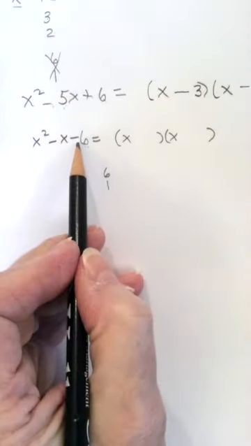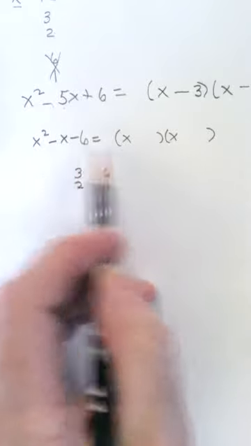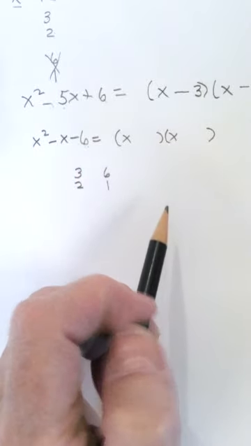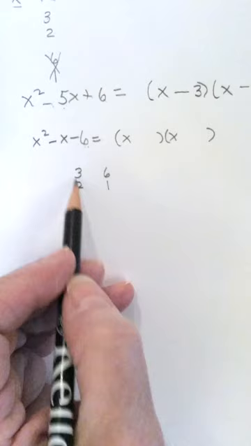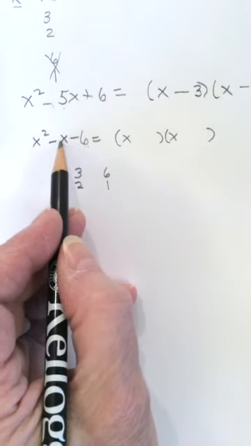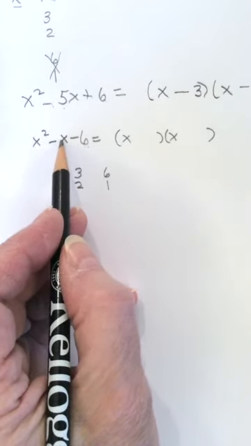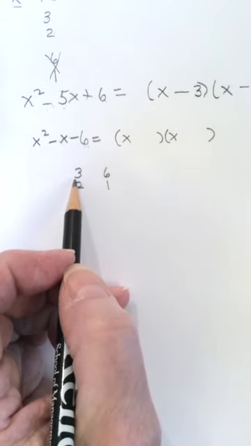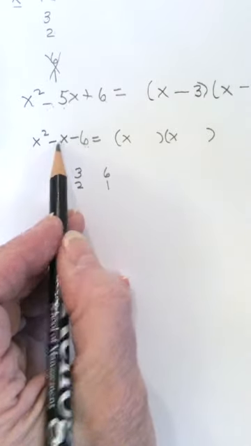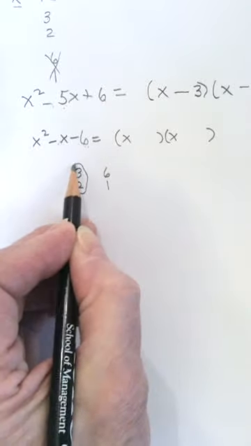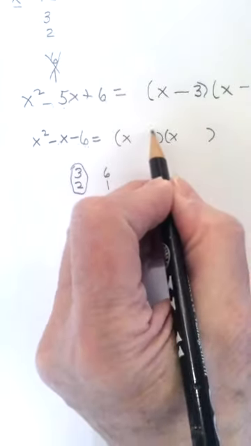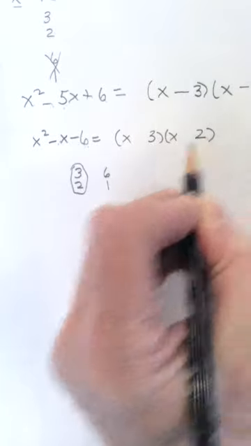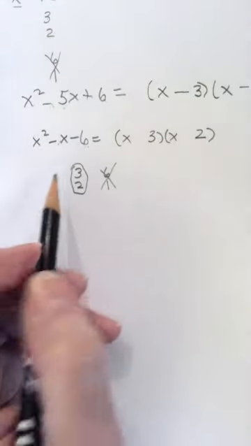But because this is negative, I know that the signs have to be the opposites of each other. That means I need the difference of these numbers to give me the absolute value of the coefficient of x. So I need the difference to equal 1. For 3 and 2, the difference is 1. So I know that I'm going to be using the 3 and the 2, not the 6 and the 1.